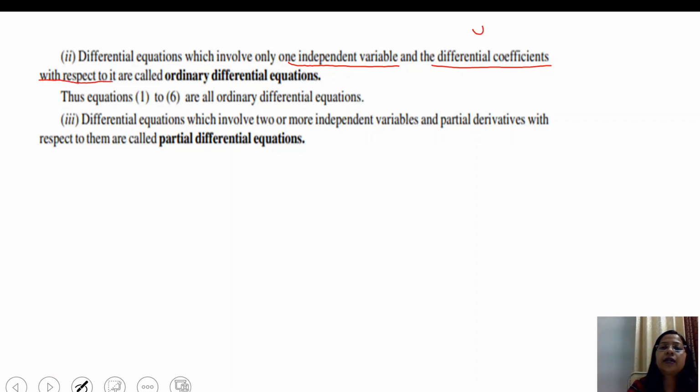Means if y is the dependent variable and x is the independent variable, we must have the differential coefficients, whether these are total differential coefficients or partial differential coefficients, del y over del x. In this way we can form a differential equation.